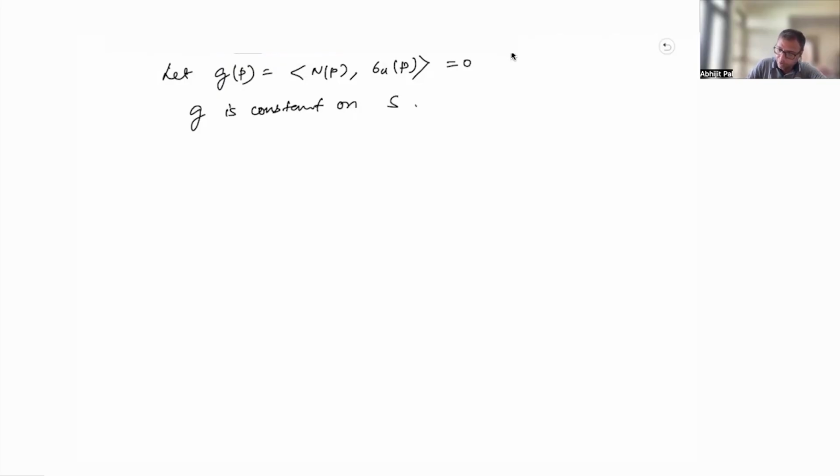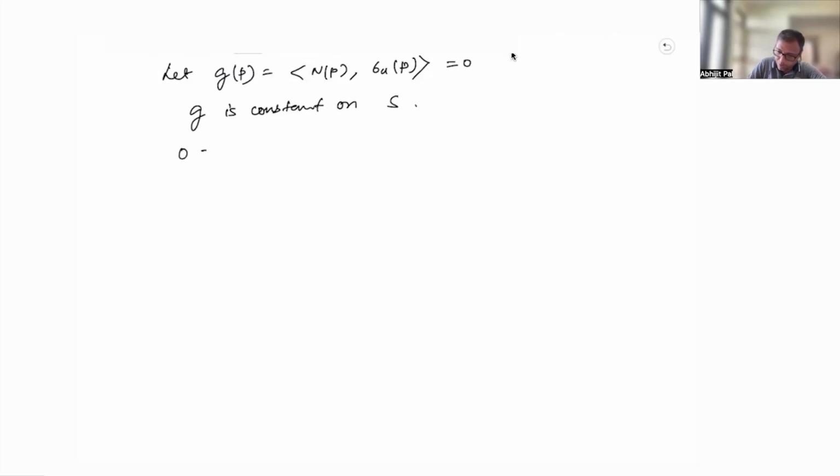And let us take g(p) to be equal to the inner product of N(p) with sigma U(p). Again, because N(p) is normal to sigma U, this will be equal to 0. So g is constant on S. Therefore, the partial derivative of g with respect to b is equal to 0.